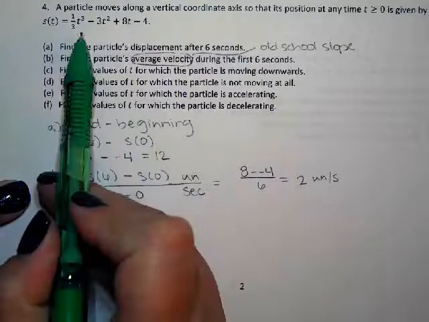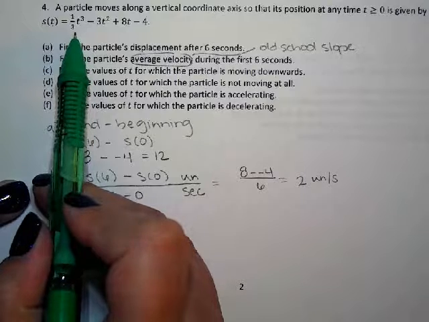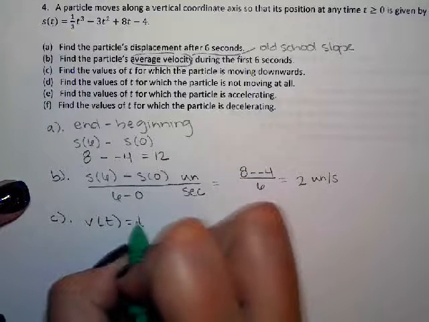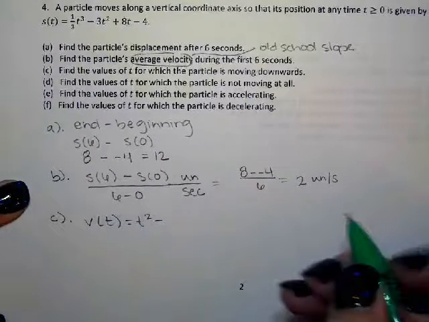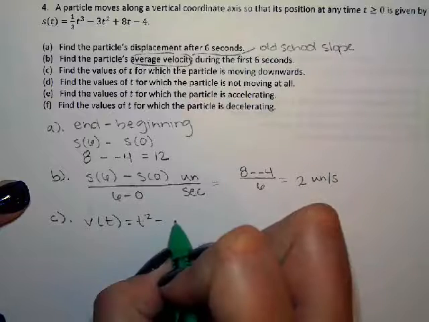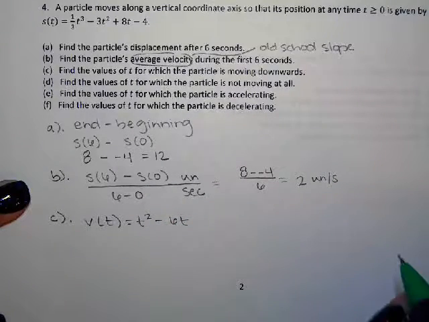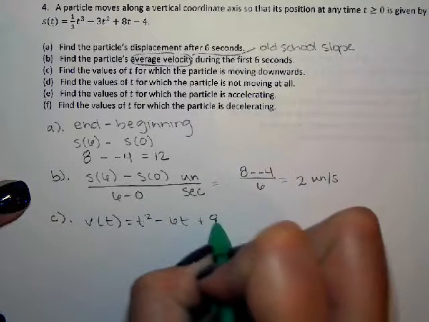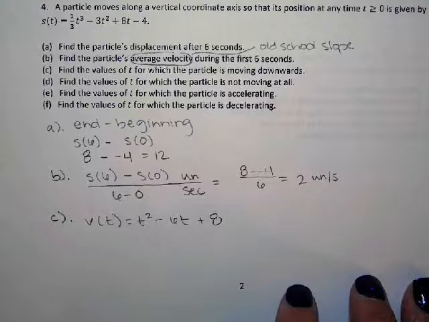So if I take the derivative of this, what is the derivative? Minus 6t plus 8. And to figure out where it's moving downwards, we have to do a sign chart. Okay, so left is negative, right is positive. Downwards is negative, upwards is positive. Does that make sense?